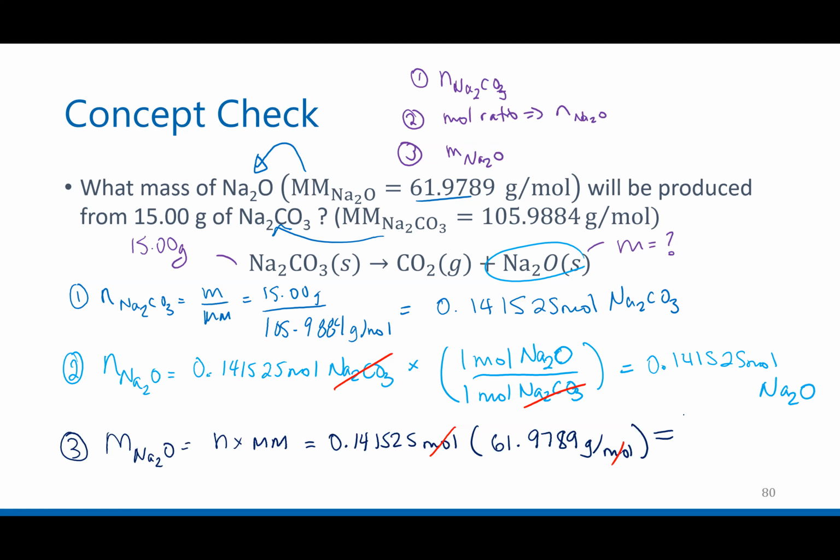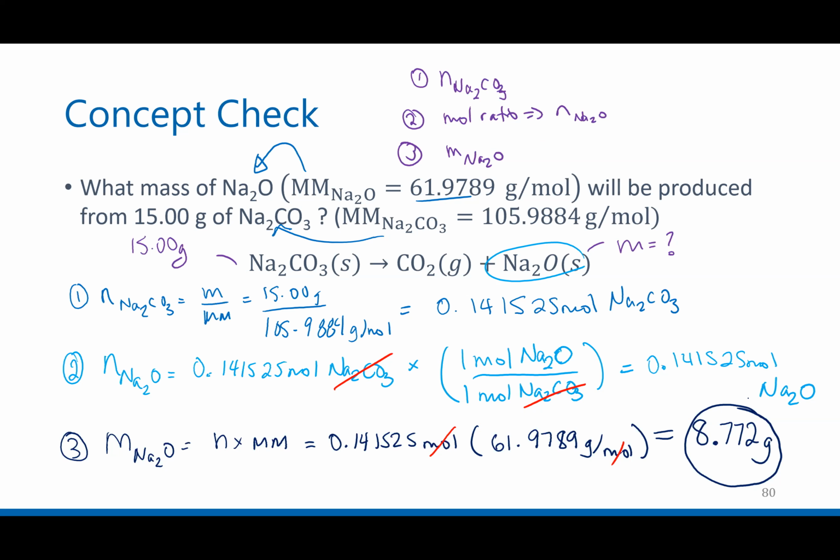And I get my answer. 4 significant figures, so 8.772 grams. If I took 15 grams of sodium carbonate, I would end up with 8.772 grams of sodium oxide.